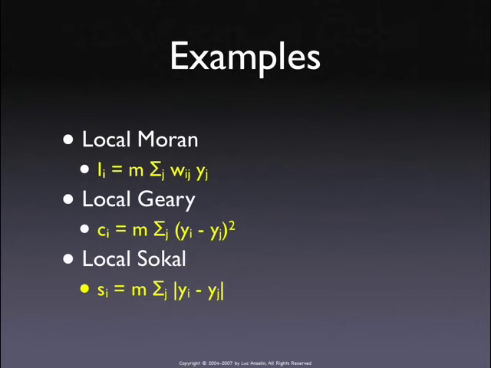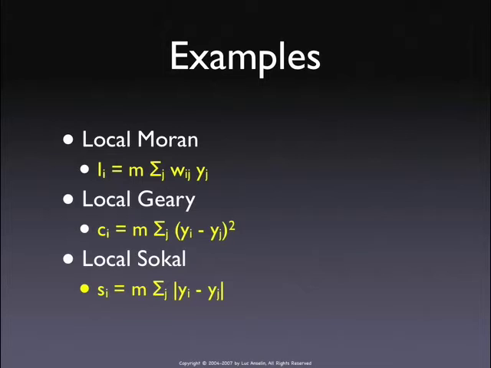Since we know that the gamma statistic, the general cross-product statistic, is a very broad class of spatial autocorrelation statistics, we can just change the Aij, and we get a different statistic. For each of these different Aijs, we get a different local counterpart to the global counterpart.